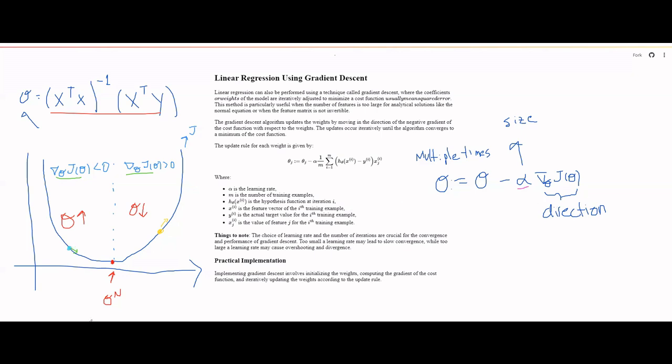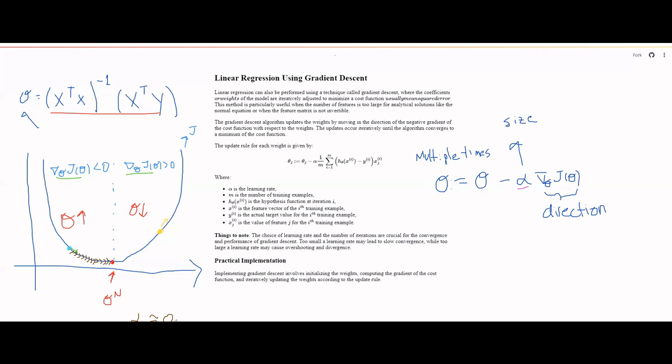If we pick a very small alpha, so for example, alpha is very close to 0, well, what would happen is that we would have to take a lot of steps to get towards this red point. So we would move like this, like this, like this. I'm trying to make it very small so you can get the idea that although we're moving in the right direction, the way we're moving is very slow. And it may take forever to get to this point.